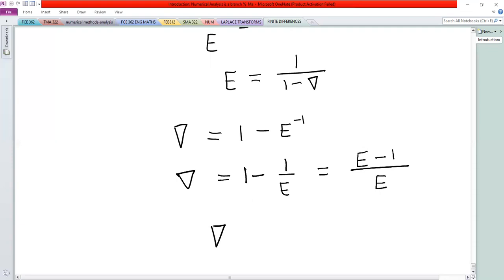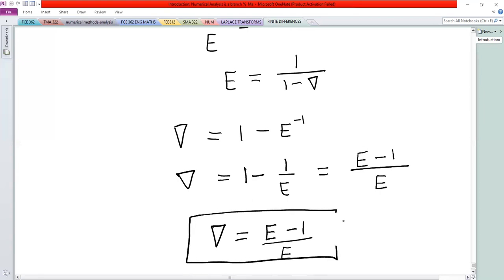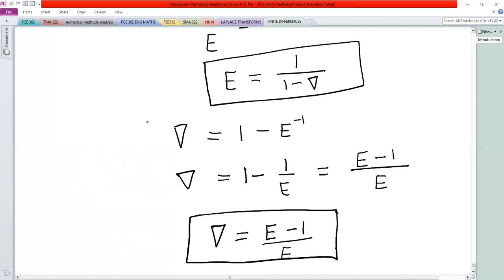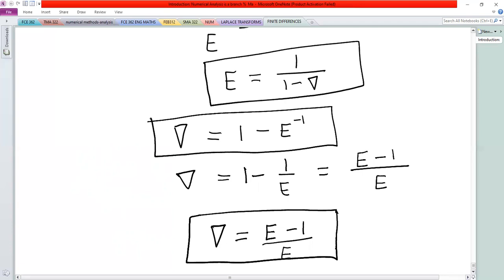So all these are different expressions of the relationship between the backward difference operator and the shift operator, or either this or this, all these are the relationships.